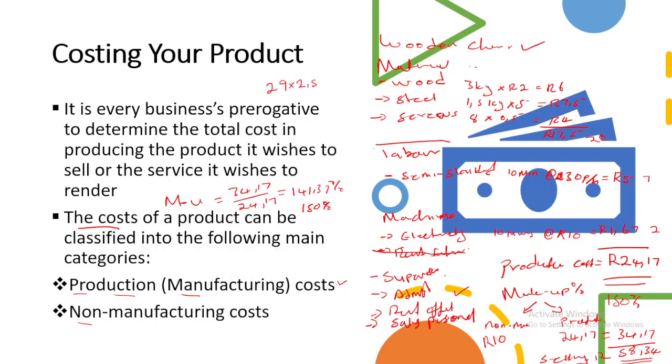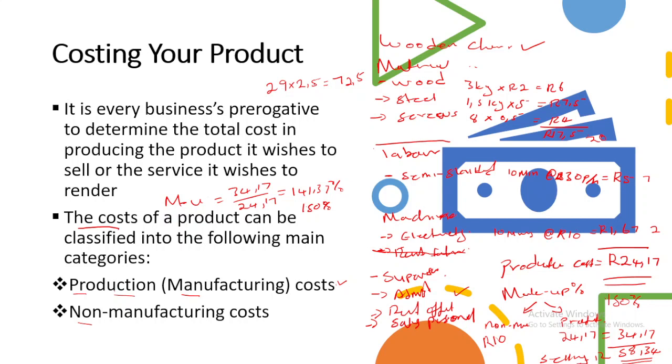That is going to be to multiply by 2.5. So therefore our selling price for this product, the new selling price, will be 72.5.